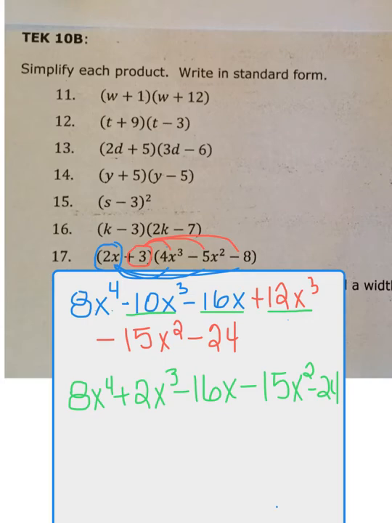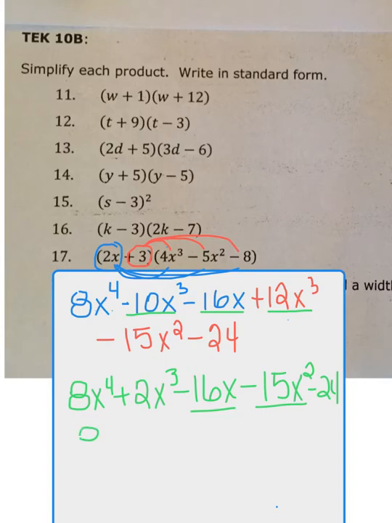Okay, now we do want to write these in standard form, and I started off good, but this negative 16x and the negative 15x squared, those guys should be flipped around if we want to put it in standard form.